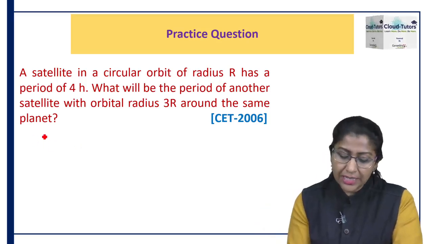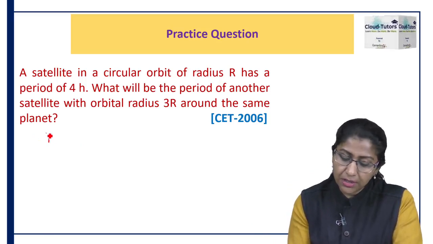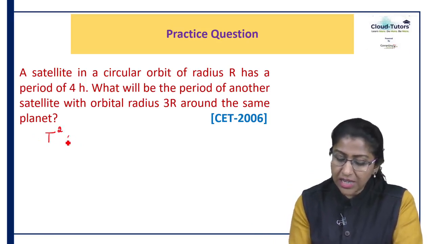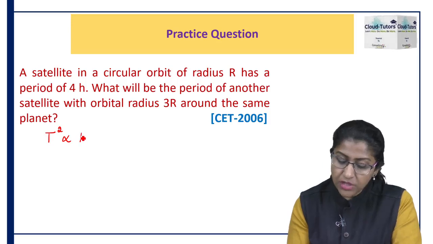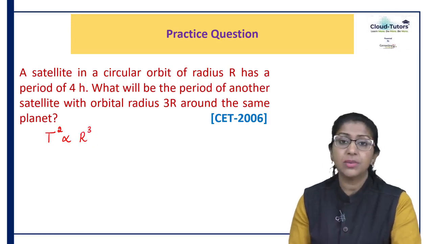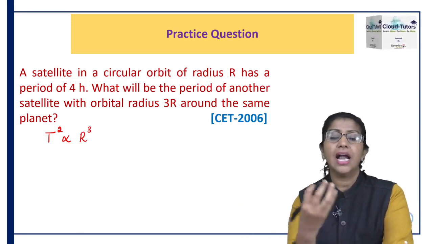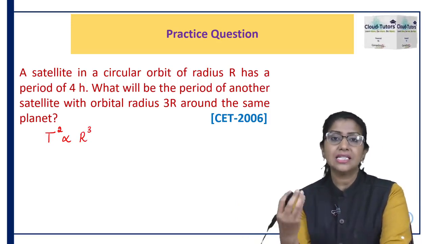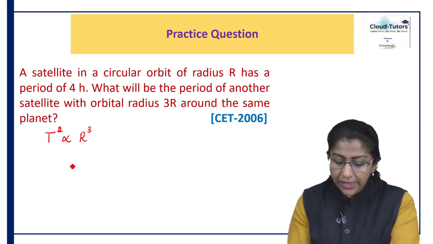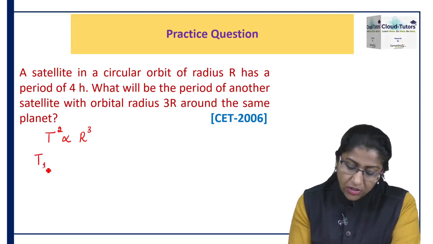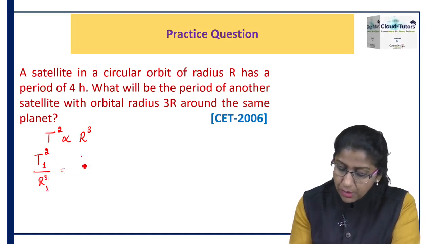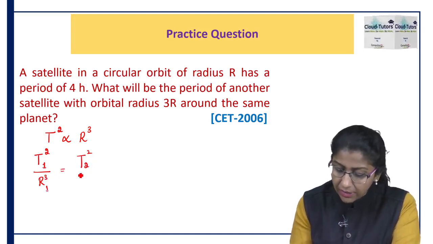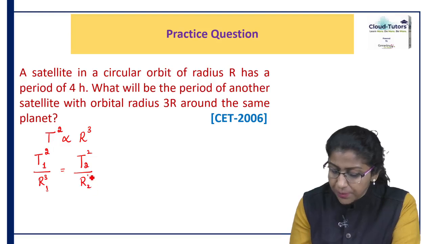So how do we write this down? The basic proportionality relationship is T square proportional to R cube, where R is the distance between the planet and the star, or in this case, the satellite and the planet. So can we not write this as T1 square divided by R1 cube is equal to T2 square divided by R2 cube?